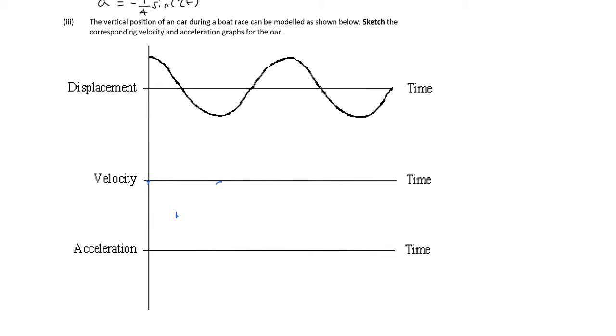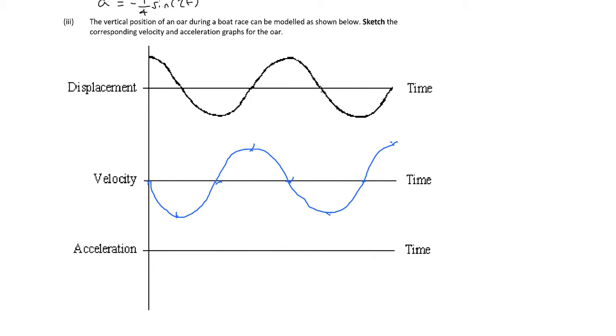Then it's at its maximum positive, back to 0, maximum negative, back to 0, maximum positive again. So we get something that looks a little bit like this. Not amazing, but perfectly fine. And we can see essentially that this one is always the gradient of the displacement graph there.